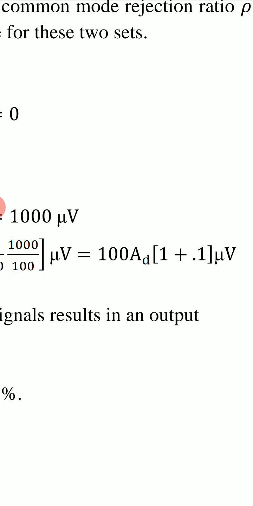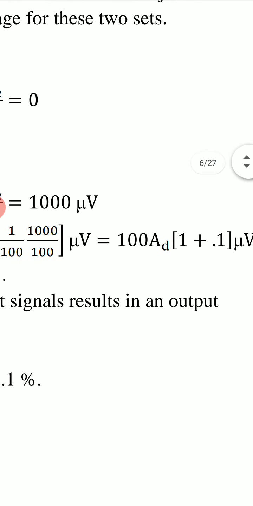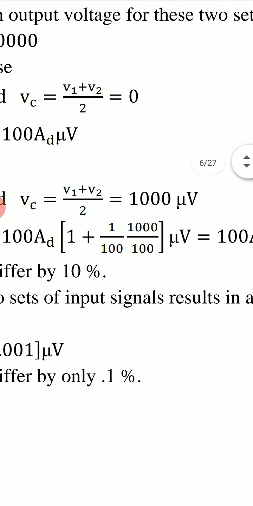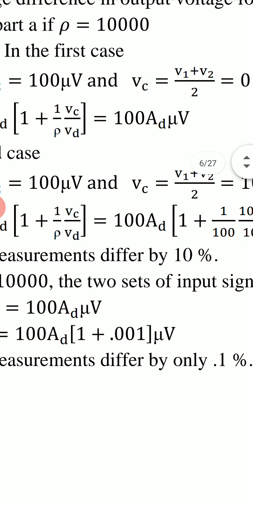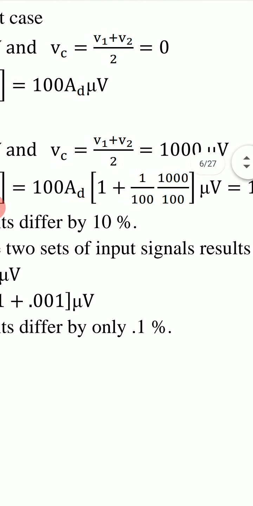Inside the bracket we have 1 plus 0.1, so it is increased by, that is, differs by 10%.